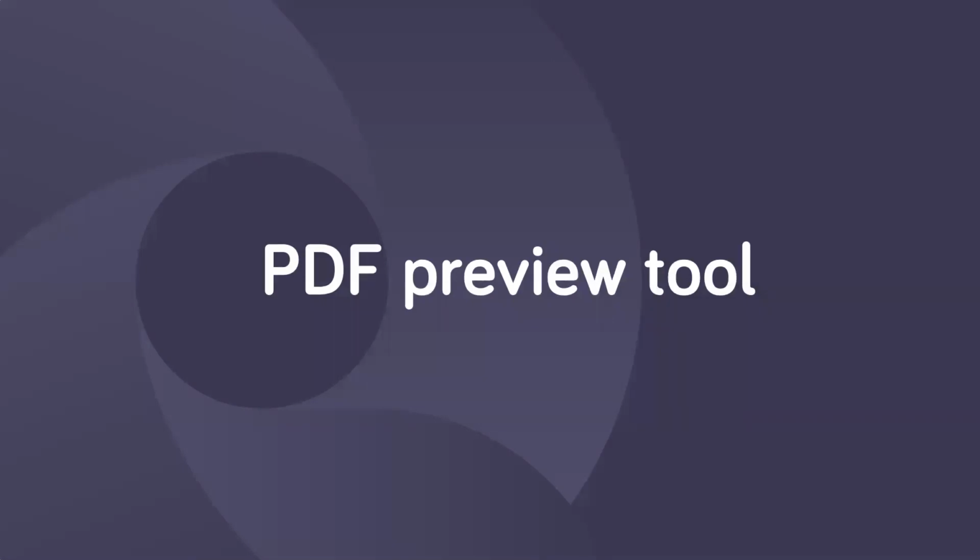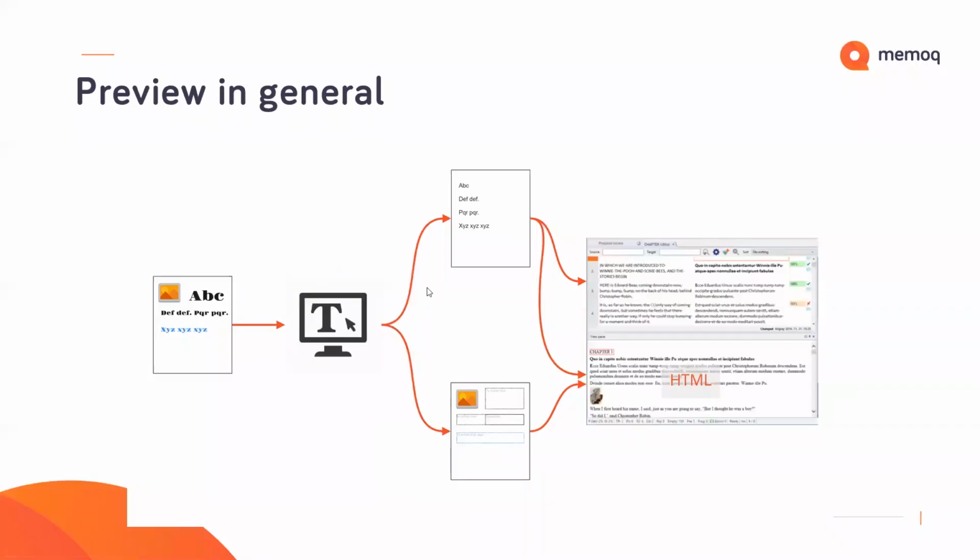So a little bit of background on how previews work in general in memoQ at least. Nice little presentation. Okay. So in general, what happens is that you have a formatted document, which goes into some magic machine, a magic application. And that magic application separates it into the pure, translatable text and the formatting parts.